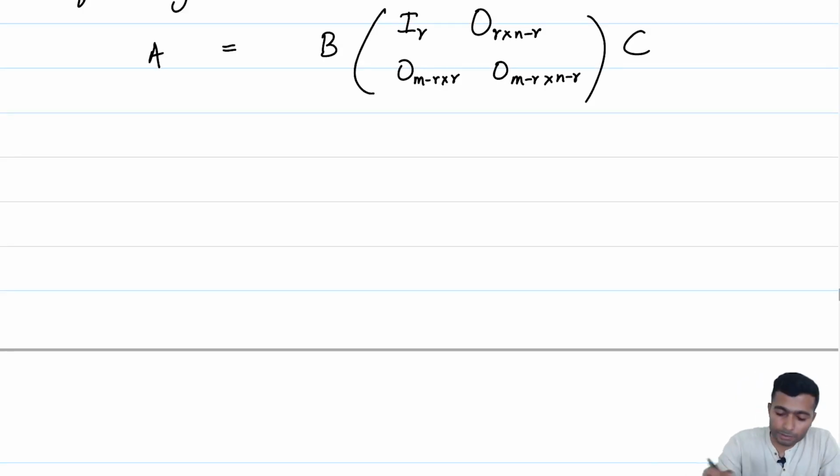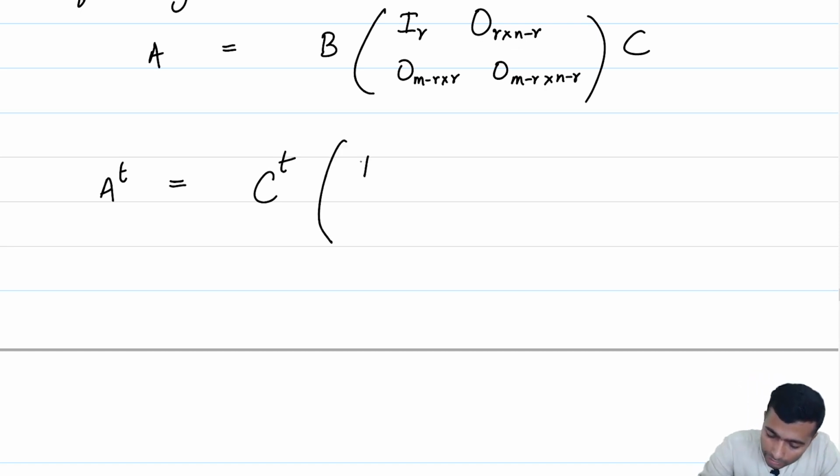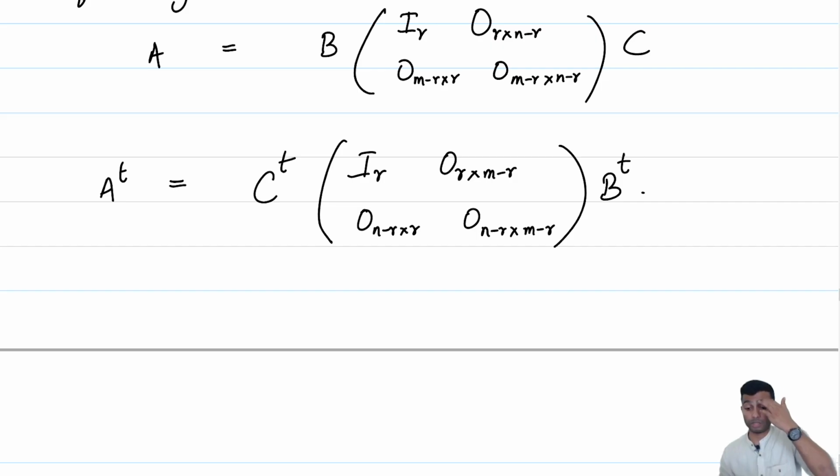Now, let us take the transpose of A. The transpose of A will give you, since the transpose inverts the order in which we multiply, C transpose times [I_R 0_{R×(m−R)}; 0_{(n−R)×R} 0_{(n−R)×(m−R)}] times B transpose. This is something which you should check yourself. This is precisely what the transpose will look like.